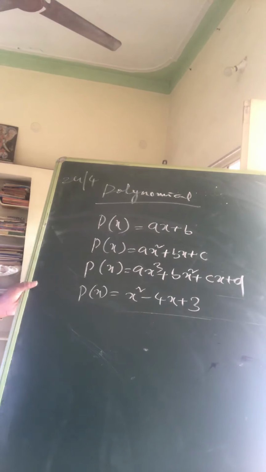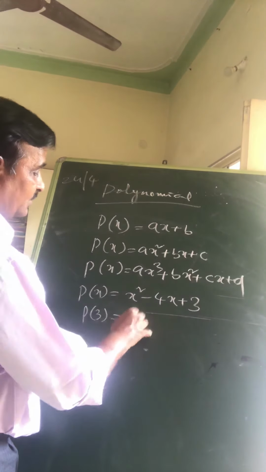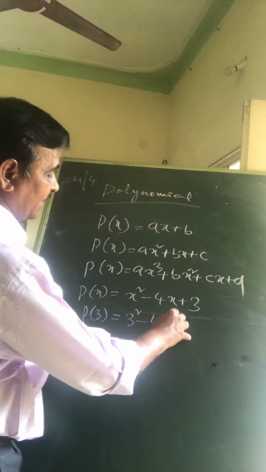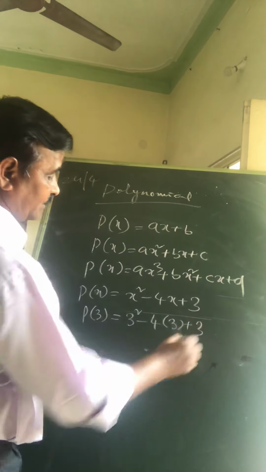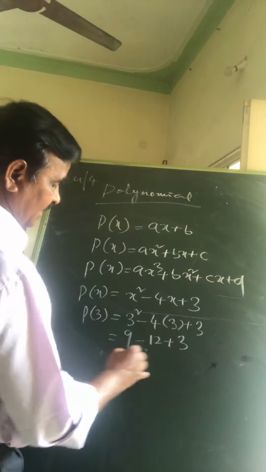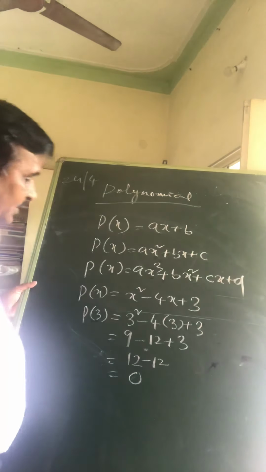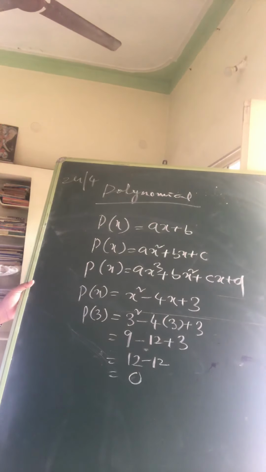Now let us take x is equal to 3. Then 3 square minus 4 into 3 plus 3 is equal to 9 minus 12 plus 3, which is equal to 12 minus 12, which is 0. When we write 3 in the place of x, the polynomial becomes 0. Therefore, 3 is called a zero of this polynomial.